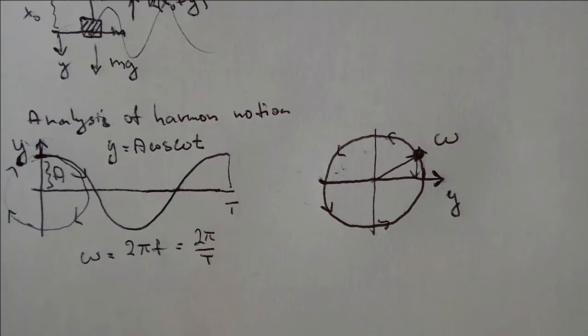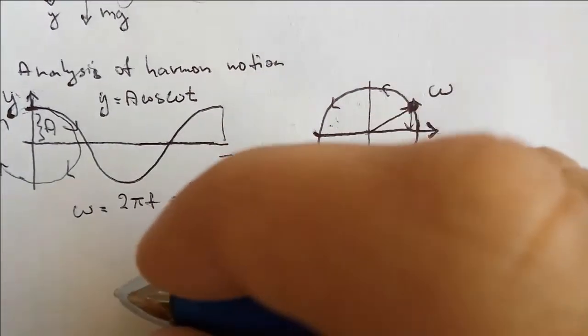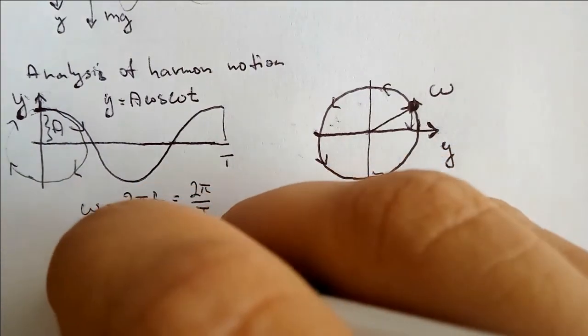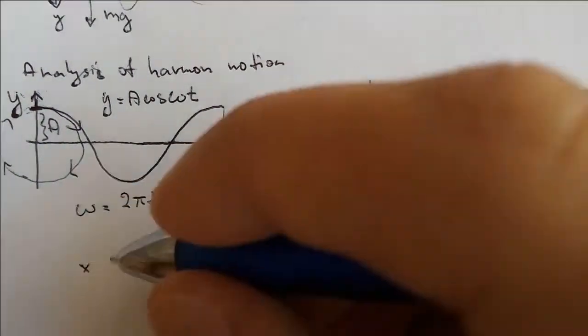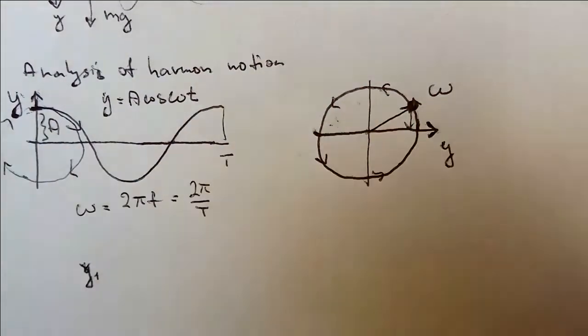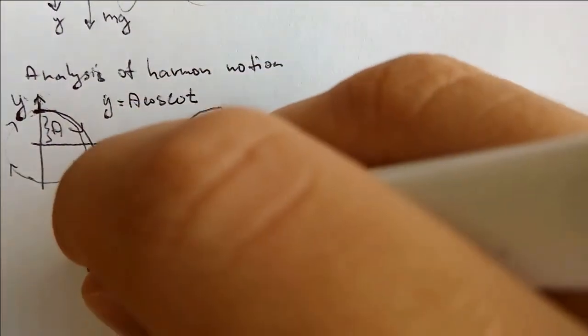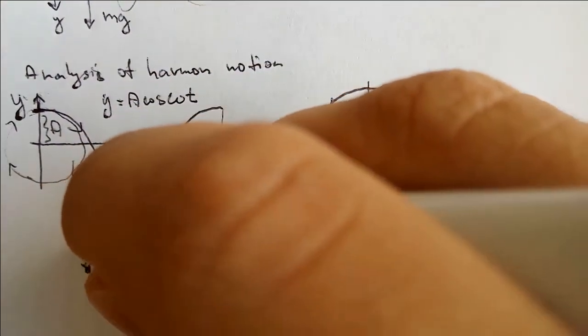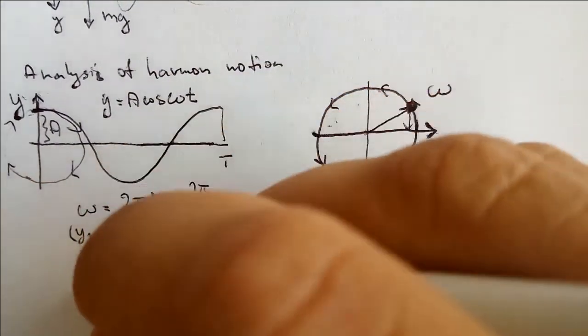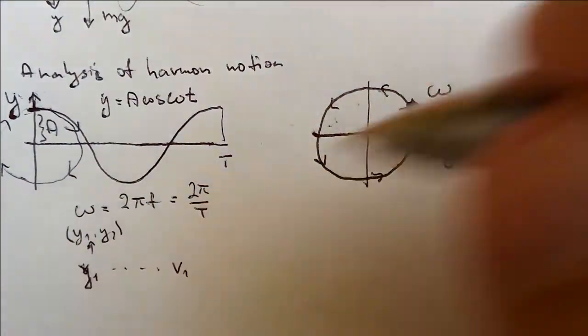I will write here a diagram of what I am doing now, what I will do. When you have some function y, and you have just the first coordinate of this motion, and you add the second coordinate, and you are trying to find the velocity of this motion, it's hard to find.